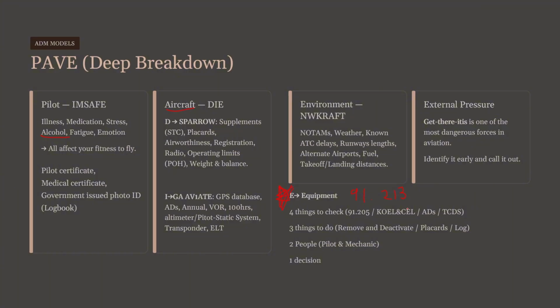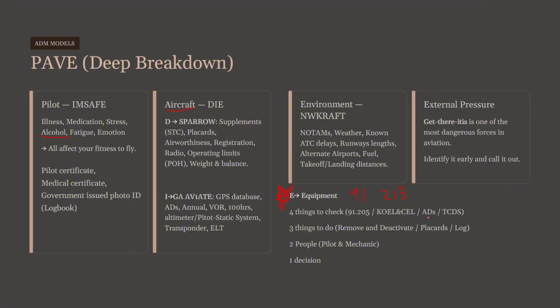And the KOEL is aircraft specific, actually. So, it tells me what equipment is required for different types of operations, right? So unlike 91-205, which is general, KOEL applies specifically to that aircraft. And here I would look at whether the equipment is required for that particular operation in that specific airplane.